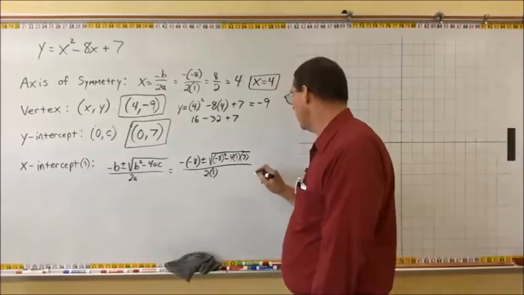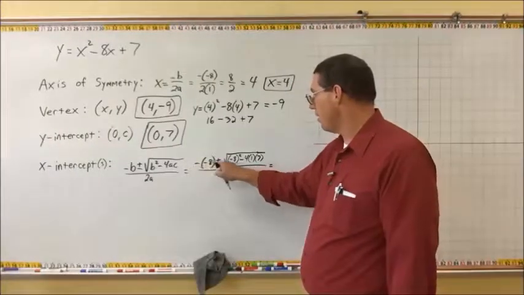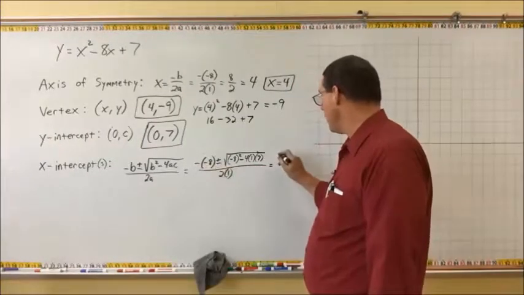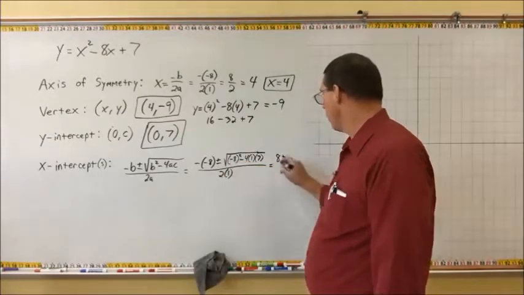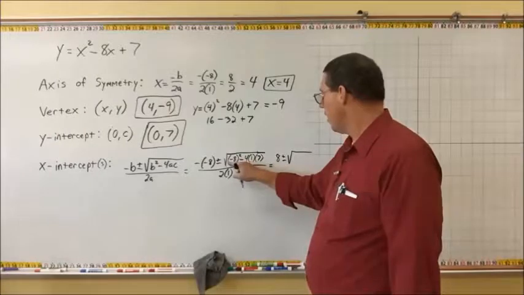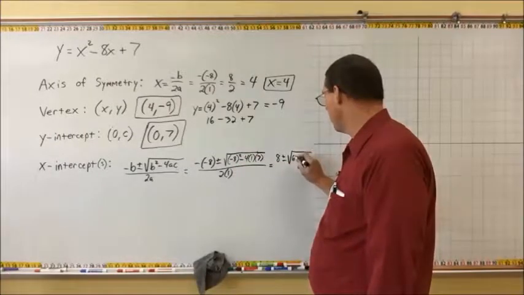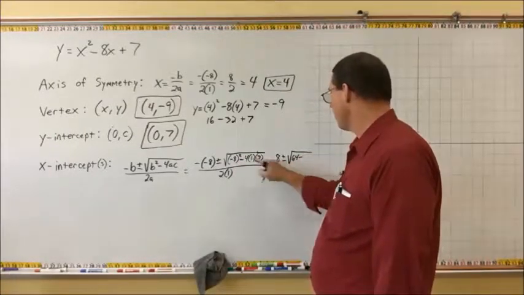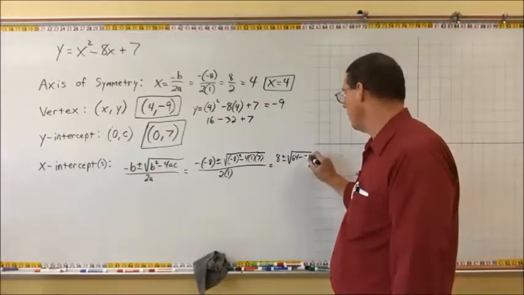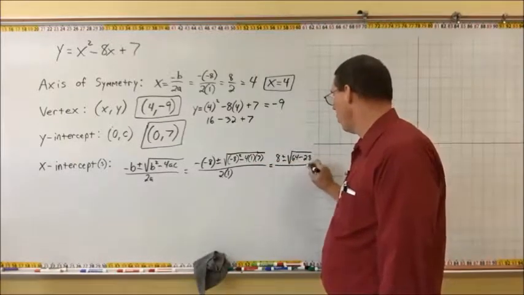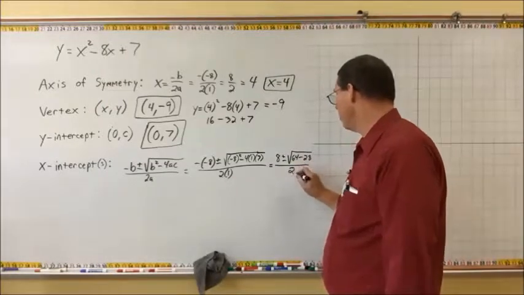So this is now going to become, this negative 8 becomes 8 plus or minus the square root of negative 8 squared is 64. And then minus 4 times 1 times 7. 4 times 1 is 4. 4 times 7 is 28. All over 2 times 1 is 2.